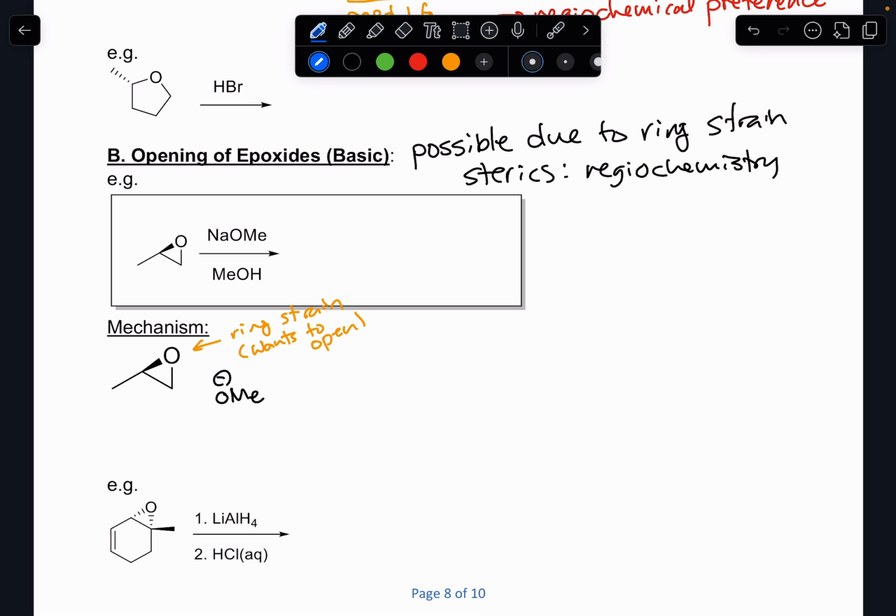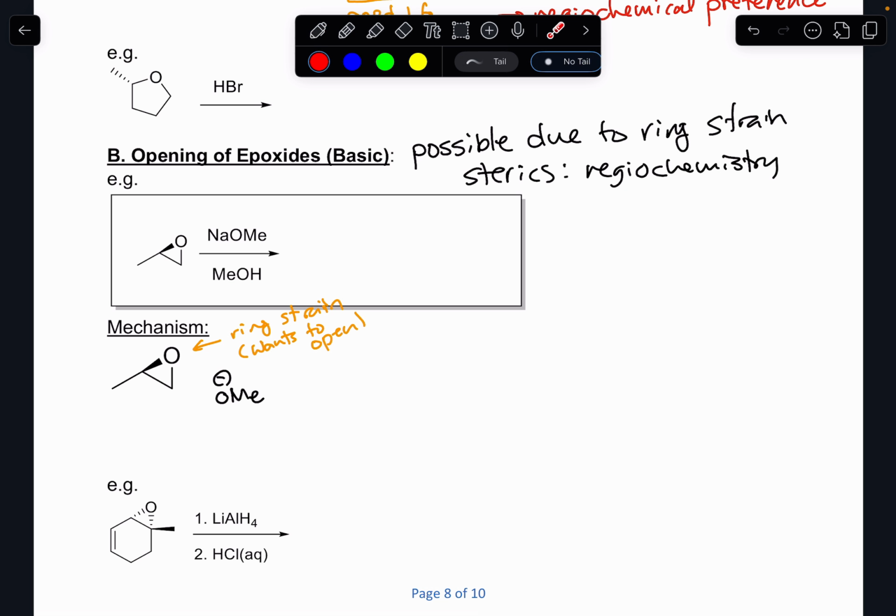That's going to be the question. Remember, this is essentially an SN2 reaction. The nucleophile attacks, and then oxygen acts as a leaving group, which is not a great leaving group, but it's assisted by the ring strain, and that's why it works.